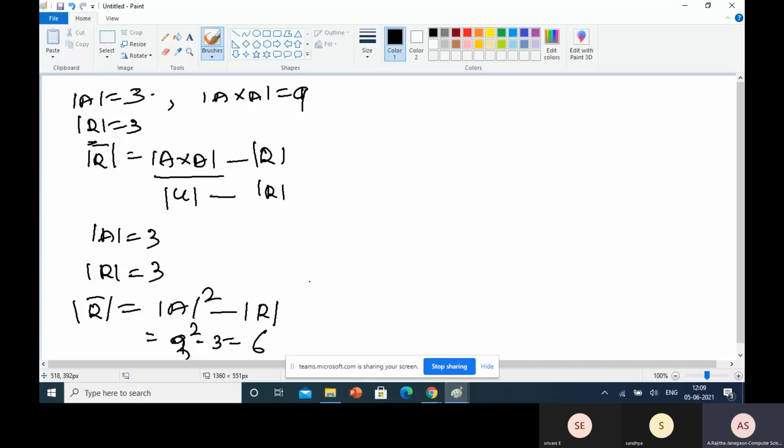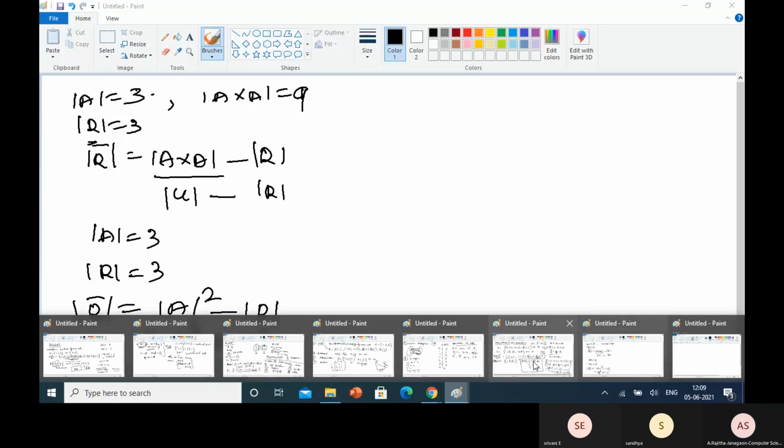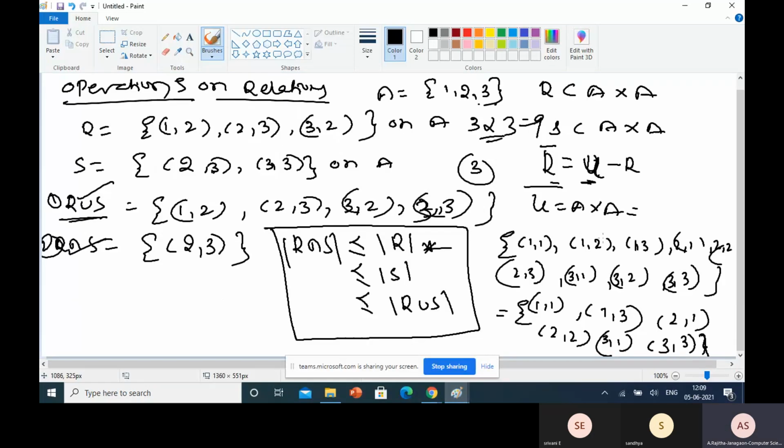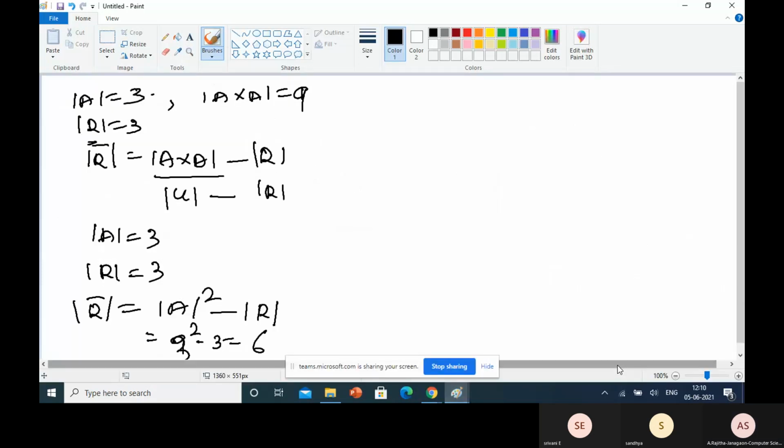So in the complement, how many ordered pairs are there? Count here: 1 comma 1, 1 comma 3, 2 comma 1, 2 comma 2, 3 comma 1, 3 comma 2, 3 comma 3. Total 6. So this is the complement.